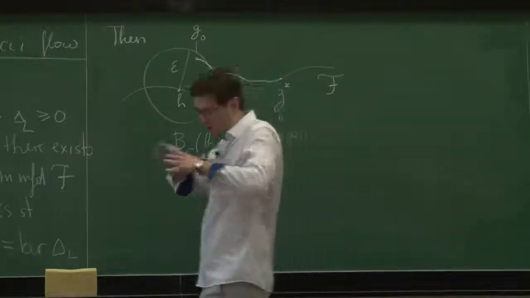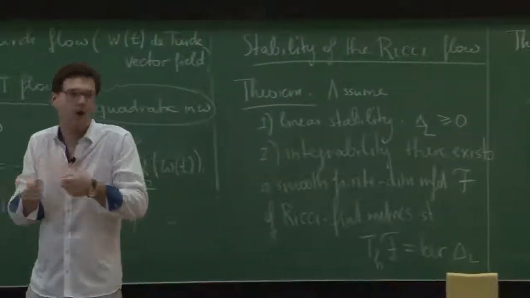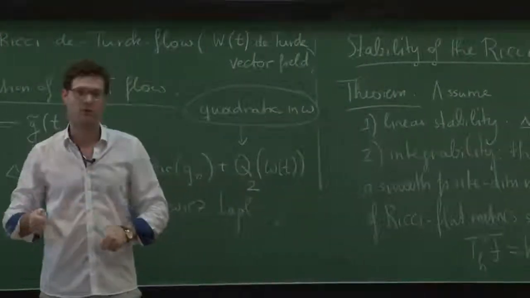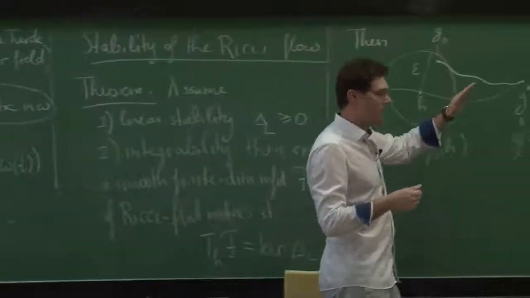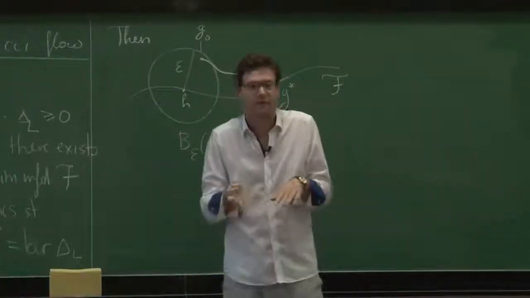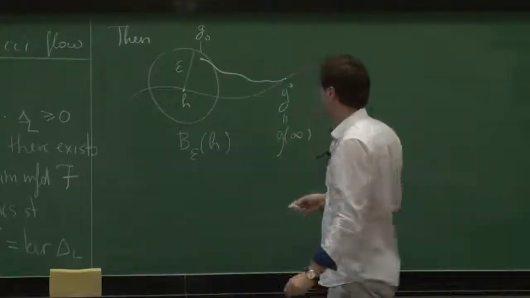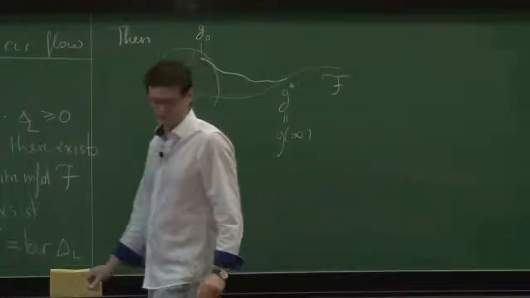So you take your Ricci flat metric, you perturb it, let it flow with the Ricci flow, and it will get you back to a Ricci flat metric. In this sense, the space of Ricci flat metrics is stable. You get out a little bit, you fall back. Right? So this is stability of the Ricci flow.